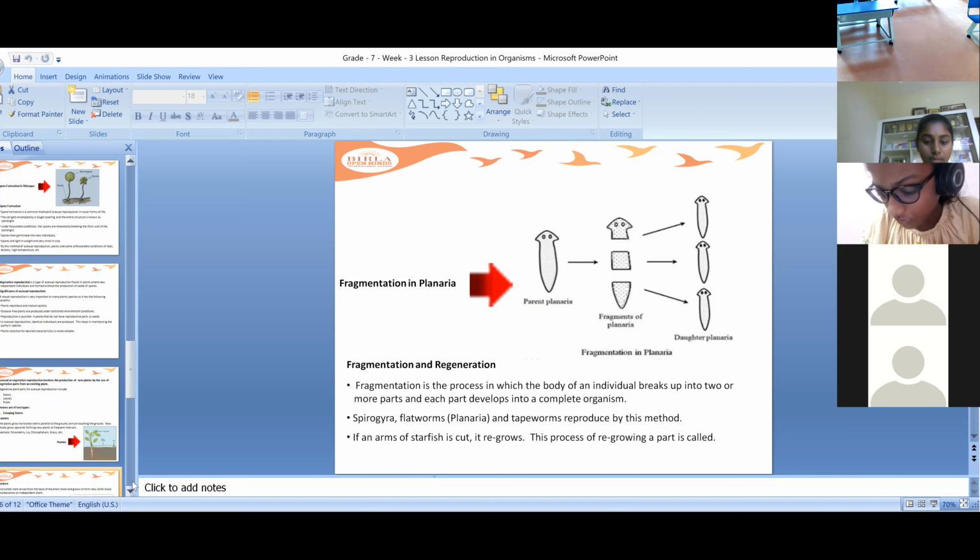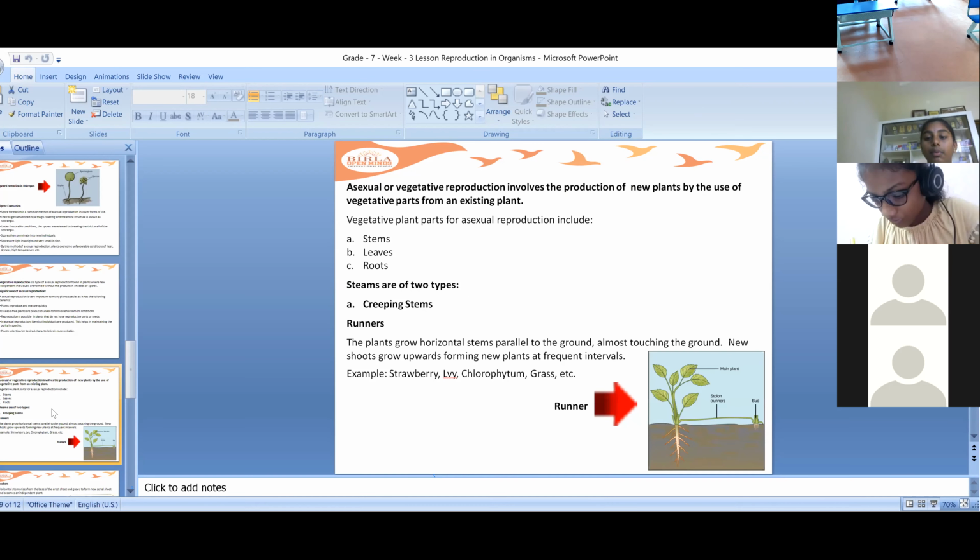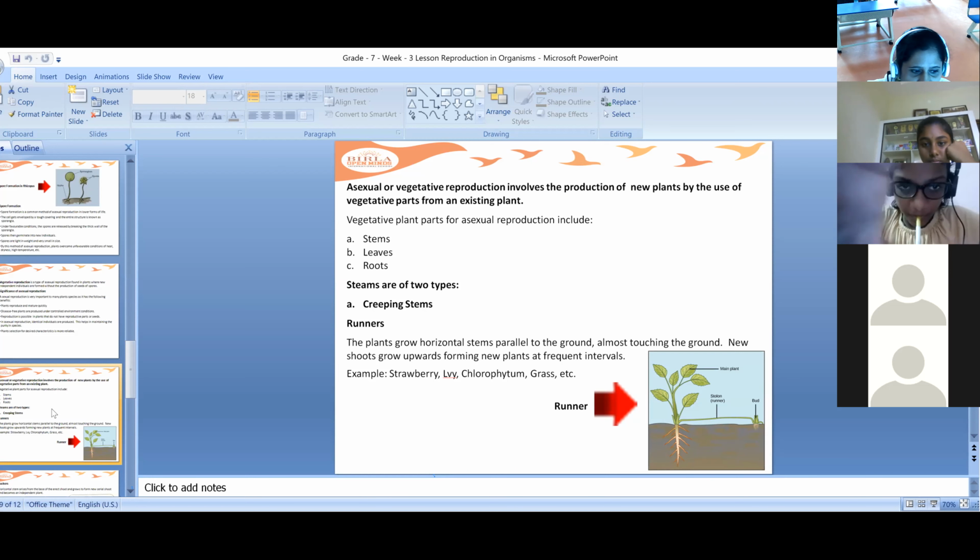So we have seen all the things of asexual reproduction, and now vegetative reproduction involves the production of new plants by the use of vegetative parts from an existing plant. Like you have seen on the screen, you can see the stems, leaves. You have cut small branches of a rose plant and planted them in the soil.